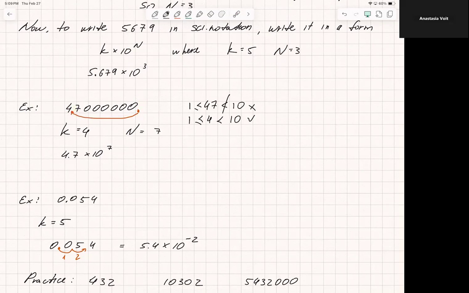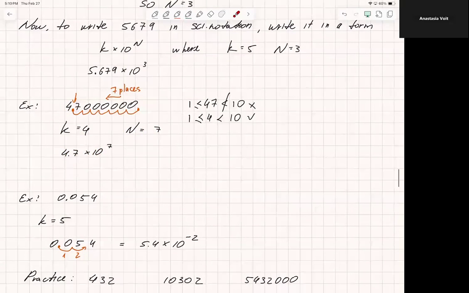So we have 1, 2, 3, 4, 5, 6, 7. We moved it 7 places to the left, so our n in this case is going to be 7. And we can write this number in scientific notation as 4.7 times 10 to the 7th power. So this is our k, and this is our n.